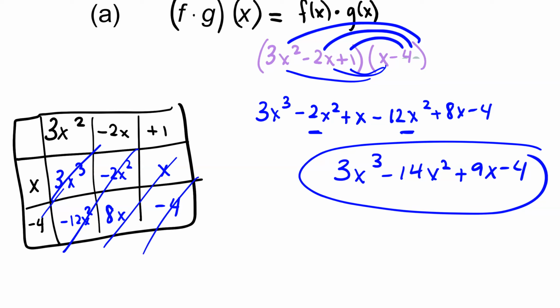But you have to be careful, because what if I had an x squared minus 4? It wouldn't just be adding diagonally. You have to make sure you're only combining like terms. Otherwise, we get the exact same answer.